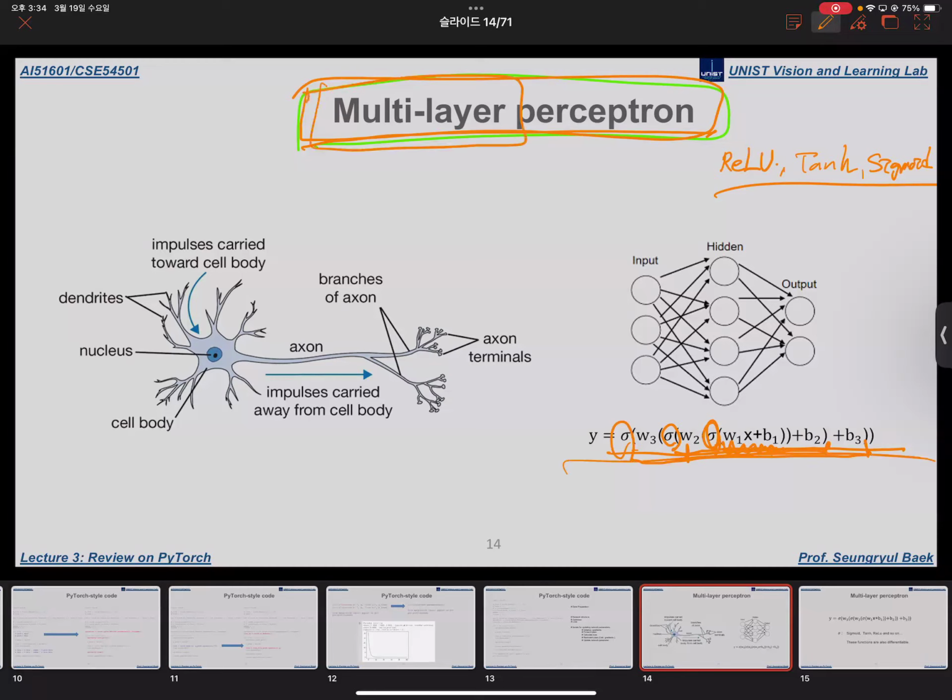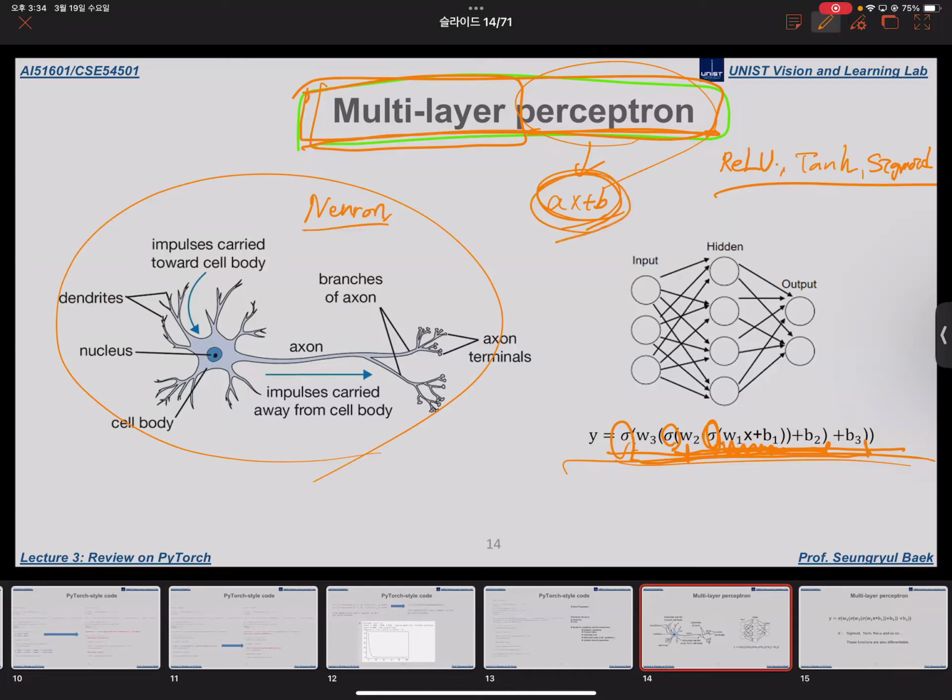So multi-layer comes from having multiple layers, and perceptron is pointing out this kind of unit, okay, and this is inspired from our brain having the neurons inside. So this type of basic unit is thought of as the neuron in our brain, and actually in our brain, these neurons are combined together to represent complex signals.